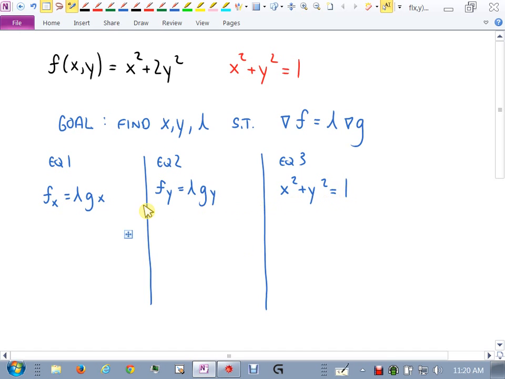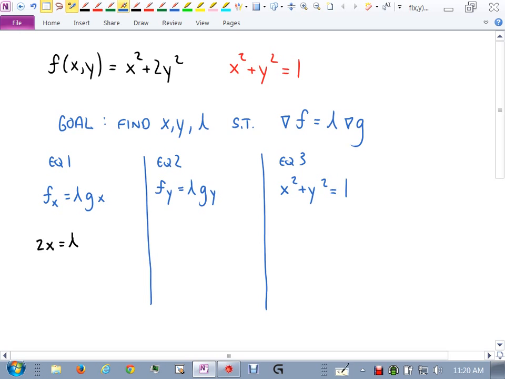So this is probably the last time I'll write this down. From now on, I'm just going to write what the partial is equals lambda, and then what the partial actually is for that problem. So what is the partial of f with respect to x here? 2x. I want to know when 2x equals lambda times the partial of g with respect to x.